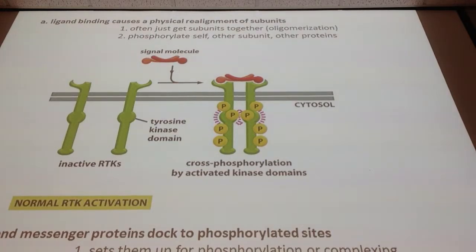Therefore, dimerization itself is a means, as we talked about already, right? Dimerization is a means to regulate protein enzyme activity, right? So dimerization of the RTK would activate the unphosphorylated RTK dimer. The unphosphorylated RTK dimer, once active, would carry out autophosphorylation. Remember, we crossed out the term cross and we replaced it with auto.